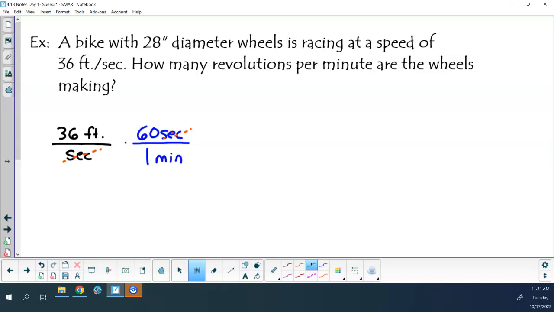14 what? 14 inches, right? So can I go 14 inches as 1 radian yet? I've got to get feet to inches first. I've got to get it in the same type of thing. So I've got to first go that 1 foot is 12 inches.